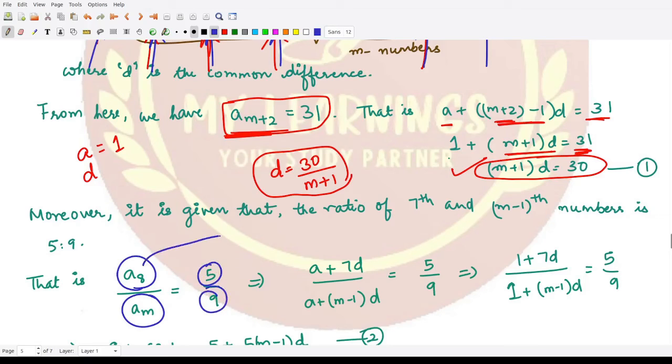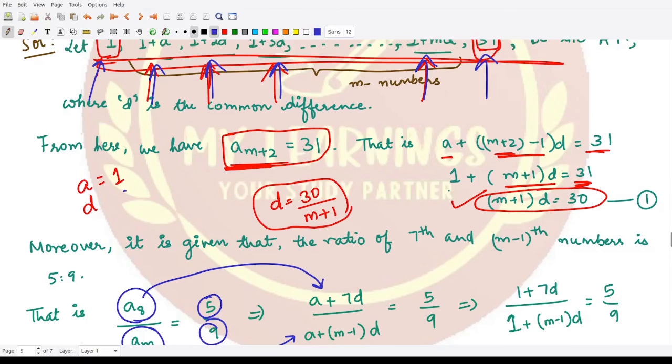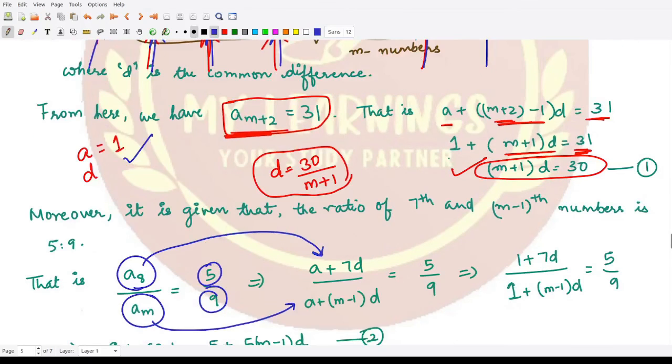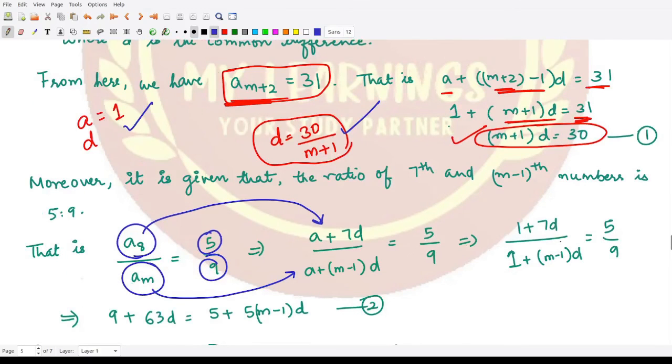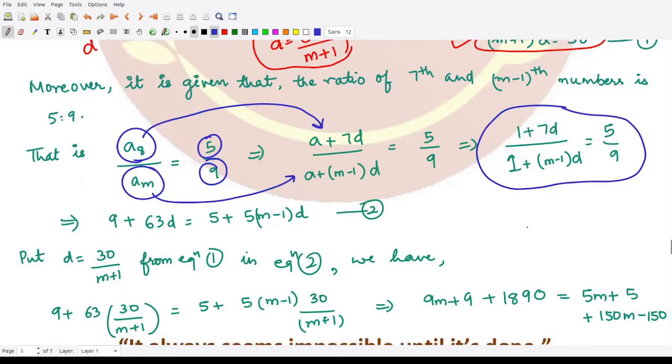So we can substitute the value of a8, which is a plus 7d, and am as a plus (m minus 1)d. The value of a is known to us, which is 1, and the value of d is also known to us, which is 30 divided by (m+1). So we can substitute both values and then solve for m, because that is the only unknown available to us.